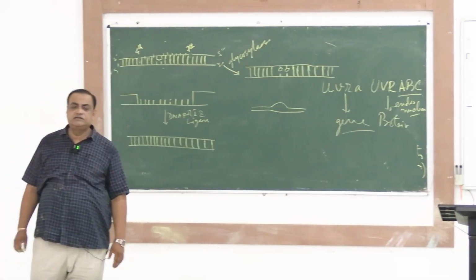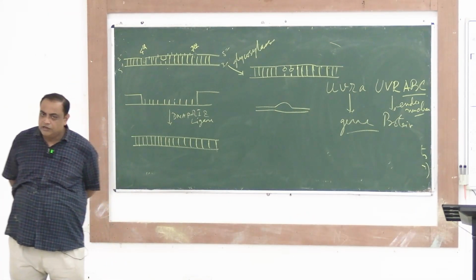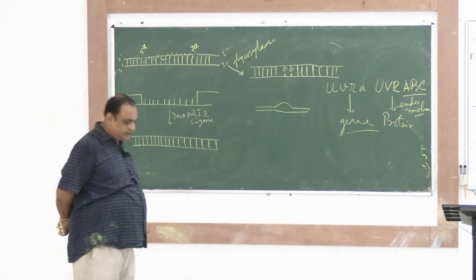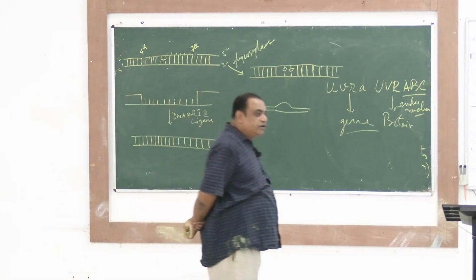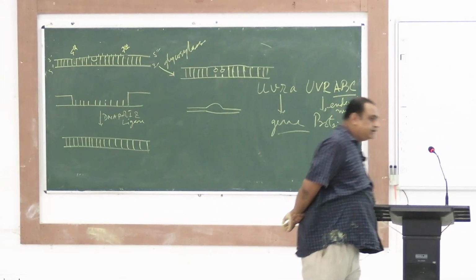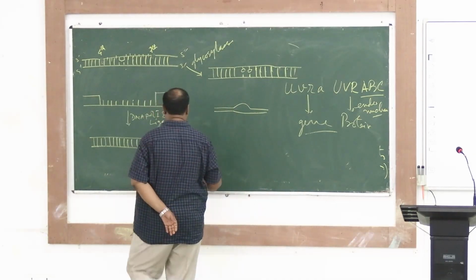AP means apurinic or apyrimidinic site. So the endonuclease which cleaves this region is called AP endonuclease.